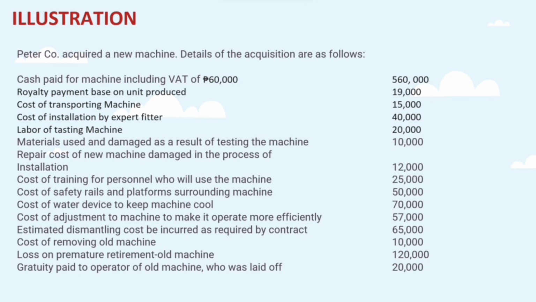Then cost of training for personnel who will use the machine is for training expense, and the cost of removing old machine and the loss on premature retirement old machine is charged to loss on retirement of the machine. Then gratuity paid to operator of old machine who was laid off is charged to expense.